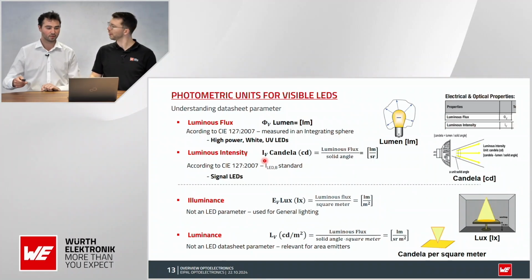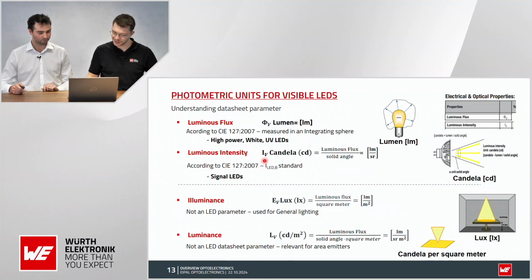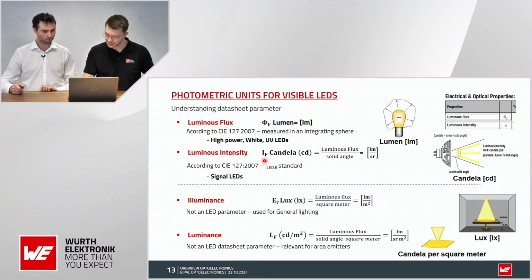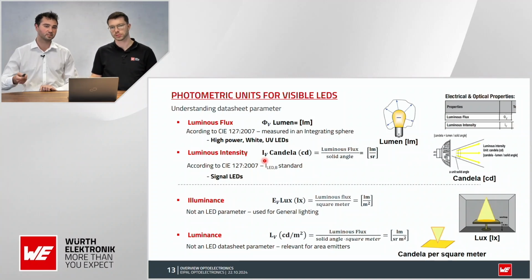Okay, thank you very much for the answer. Then we got another question from the same attendee: why are not always both the photometric and radiometric values written? Well, this is the same answer. It's mostly not useful for infrared and UV LEDs. It just doesn't make sense to put both values.